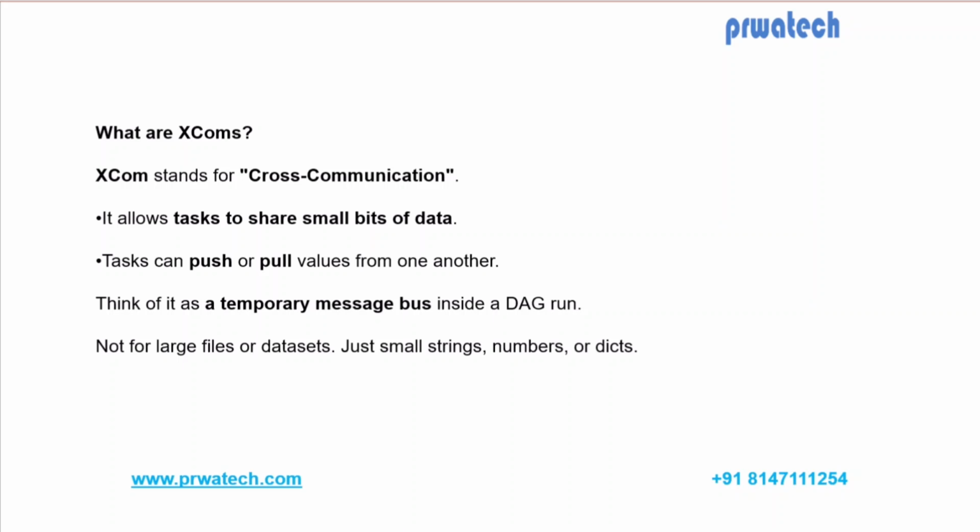Or task C reads a value like a file path and loads the file. XCom is best for sharing booleans, strings, dictionaries, numbers, and timestamps as well. It is not meant for large data sizes or files.